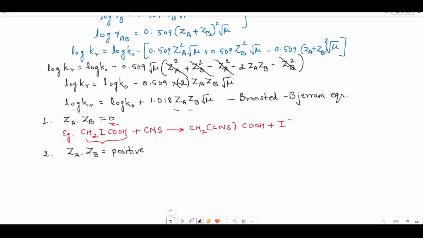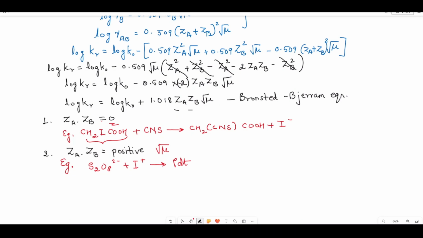The rate constant for such reactions would increase with mu. Let us take an example here. S2O8 2 minus with I minus will give us the product.